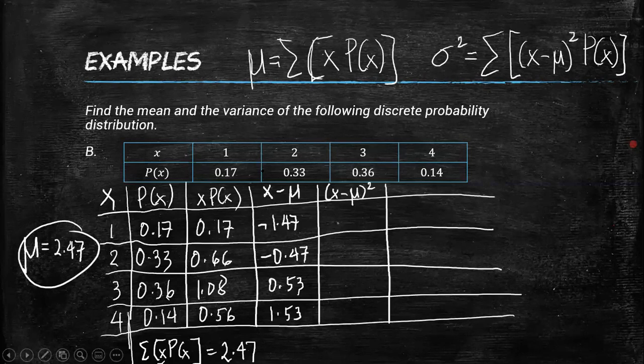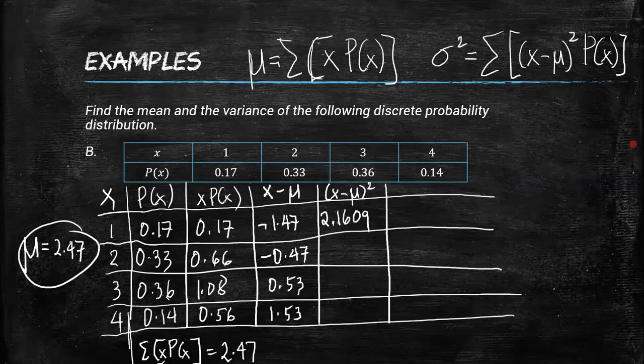So we have negative 1.47 squared. That would be positive 2.16. Okay, the thing here, class, pag kaya pa siyang i-accommodate ng calculator ninyo, wag niyo muna siyang putulin. Wag muna kayo mag-round off. Okay po? So, ayan, 2.1609. Wag muna puputol ha.